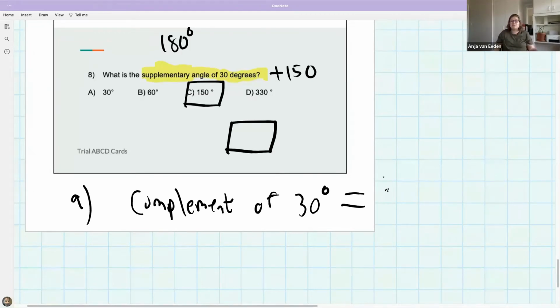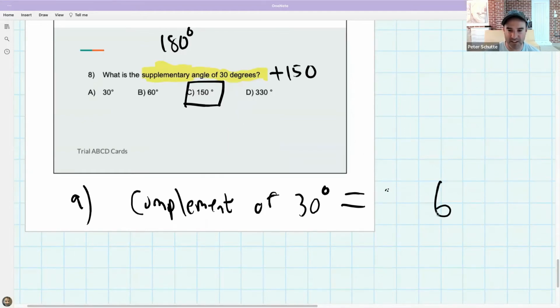Another one, you want to be big and strong, and you want to take supplements, right? So you can flex like this. That adds up to 180. If it made you laugh, if it made you cringe, you'll always remember it. And that's my rule of thumb. Back to you, sir. The things that stick in your head are like worms. So you're quite right. The complement of 30 is going to be 60 degrees because it adds up to 90.